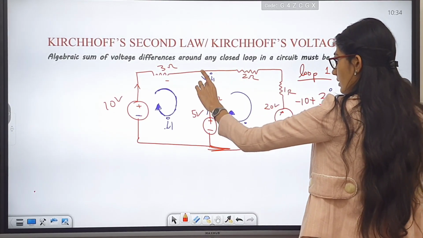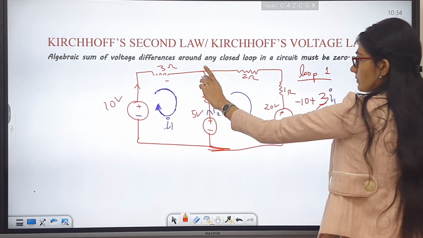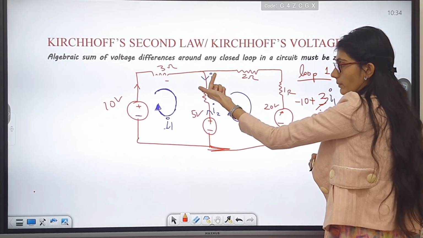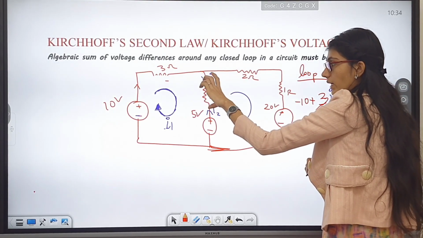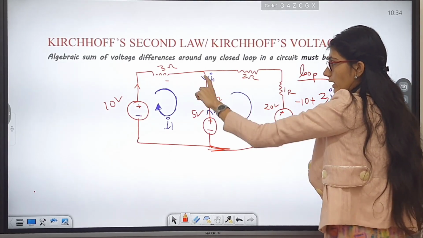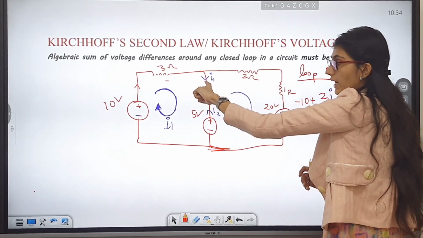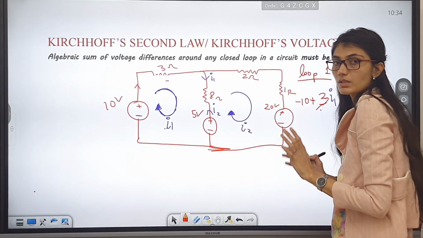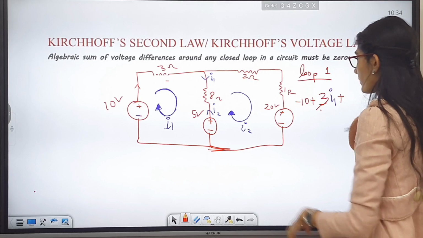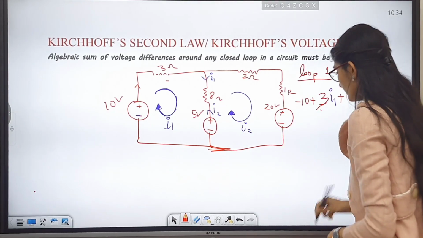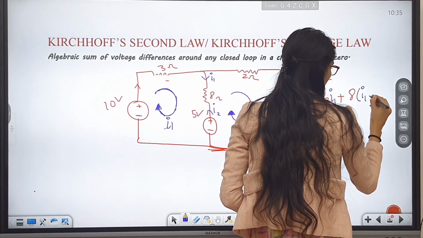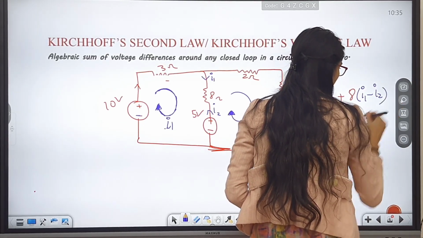Plus, what's here? I1 is going in the downward direction and I2 is coming from the upward. So the net current, just assume I1 is greater than I2, so I'm taking plus 8 into I1 minus I2.